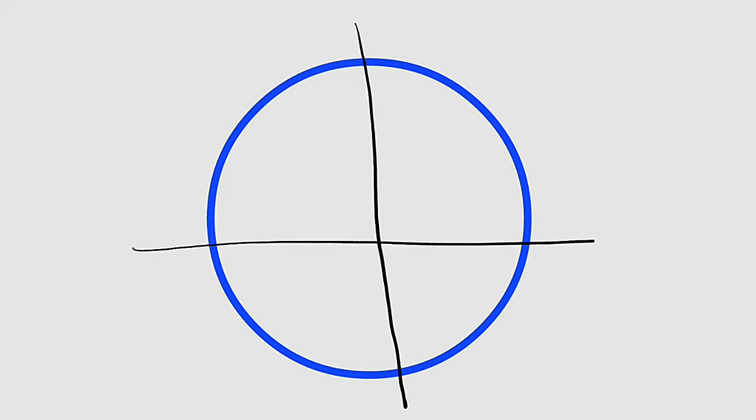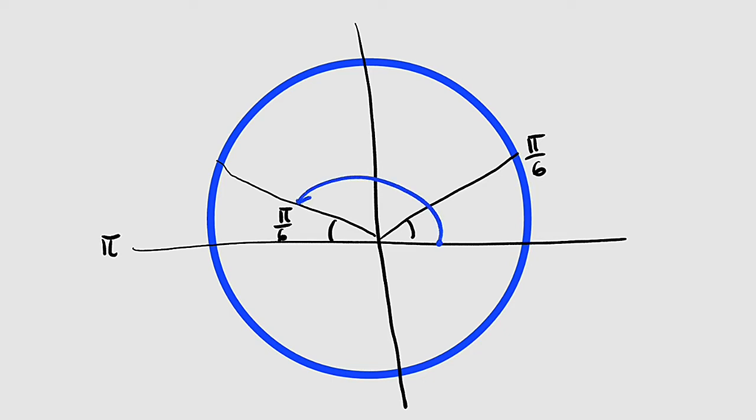Remember from our unit circle, if you have a unit circle like this, and it happens that this is pi/6, which is this angle, definitely this angle right here in the second quadrant will be what? Pi/6. And you know that this is pi, right? So what will be this angle from the standard position down to this terminal point?